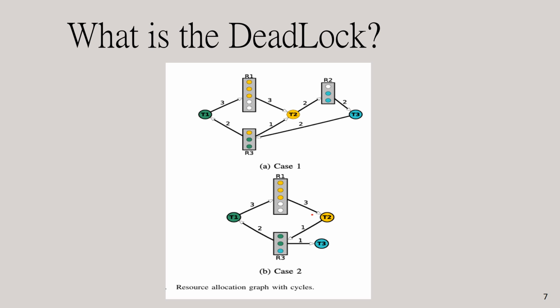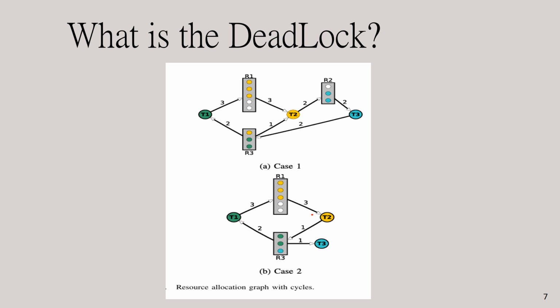T2 holds 3 instances of R1 and waits for 2 instances of R2. T3 holds 2 instances of R2 and waits for 2 instances of R3. This situation creates a circular waiting pattern where each transaction is waiting for a resource held by another transaction, leading to a deadlock.